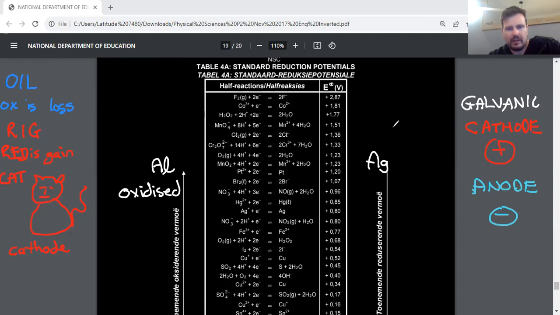It also makes sense because fluorine has 7 valence electrons, so to gain 1 will be nice and easy for it. So whatever's closest to fluorine is the thing that gets reduced. And so we saw there silver being reduced. So silver's reduced here.